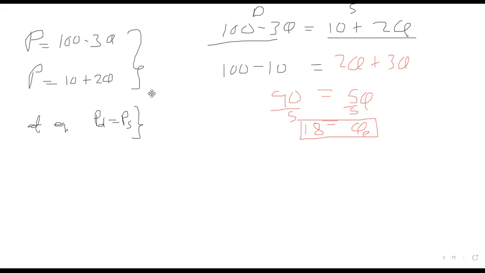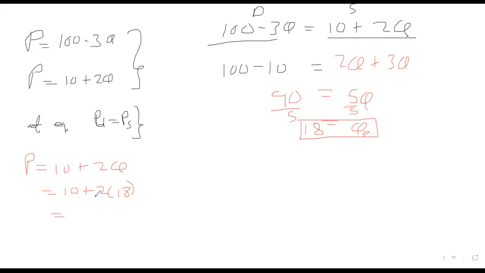Right, together. Then we substitute this 18 in any one of these two to get our price. So 10 plus 2Q. Where there's Q, we put what? 18. So here we're going to have 10 plus 36.